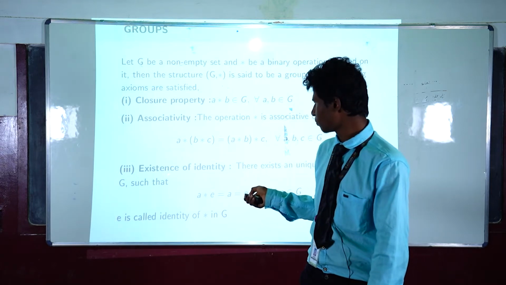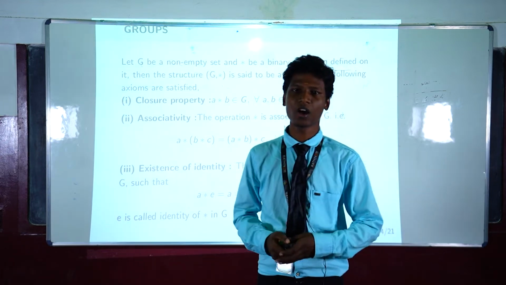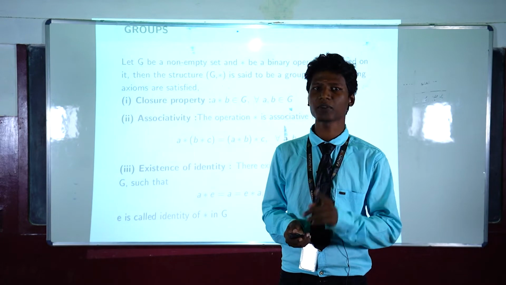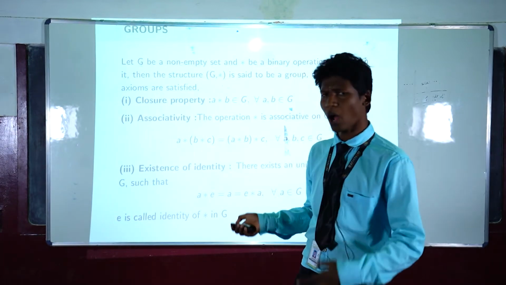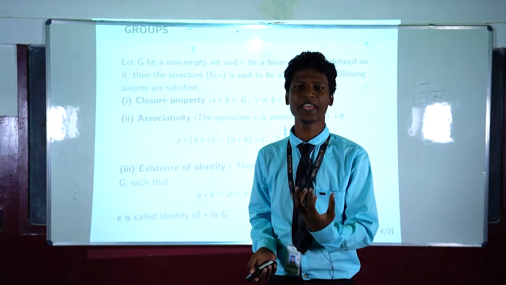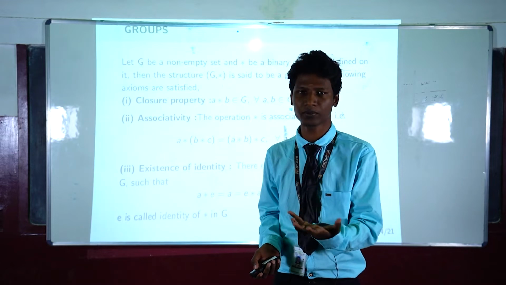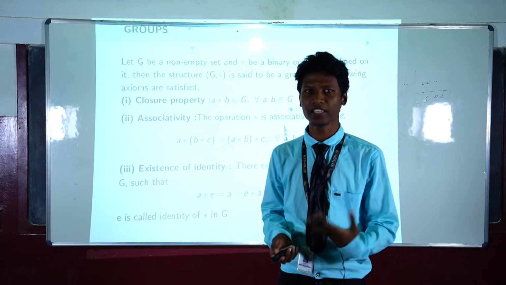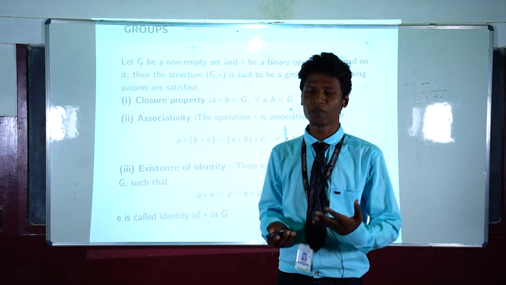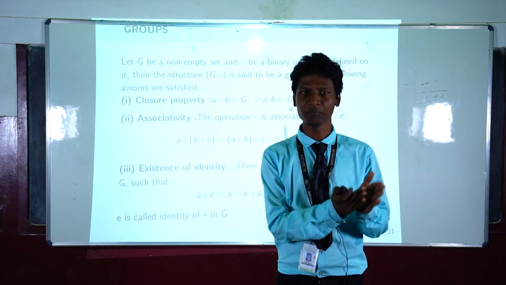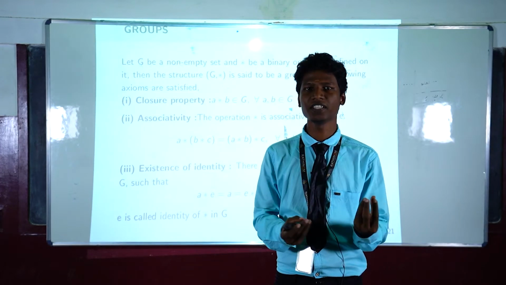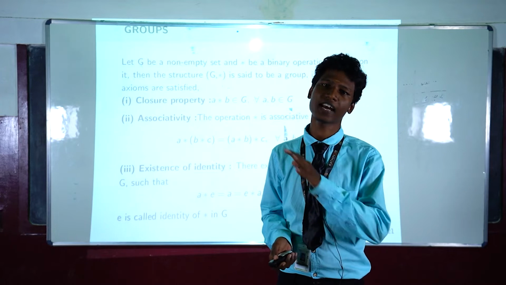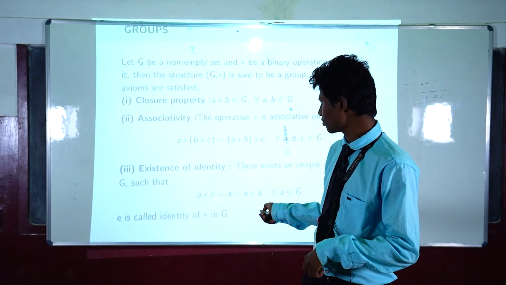Then the third one, existence of identity. How do we prove the existence of identity? The identity element in a group must be unique. How do we find it? Using this condition: A star E is A, or E star A is A. Whenever we multiply an element with the identity and get the same element, that should be called the identity. So here E is the identity.